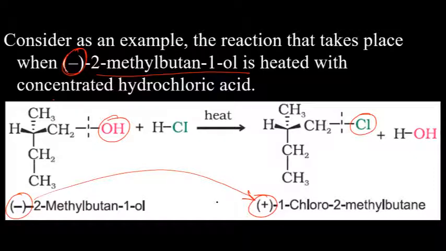That's why I said that normally you can't decide based on the structure whether it will be dextro or levo, because you just replaced OH with chlorine and the optical activity changed, although the configuration is retained. These examples you need to memorize. A few examples you should remember, because sometimes the questions ask to explain retention with an example. This will be the example you should be giving there.